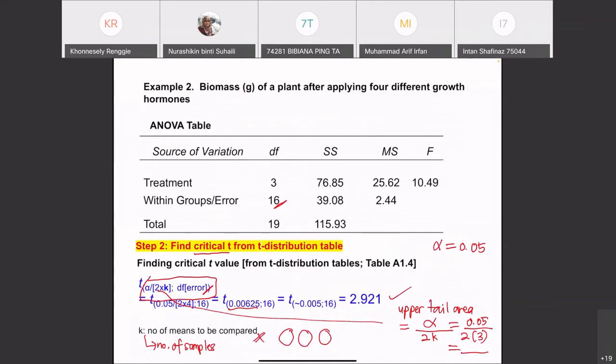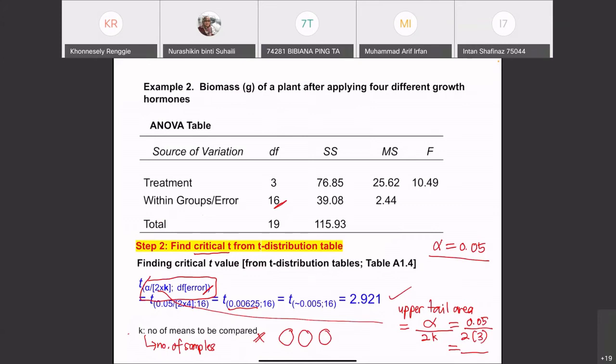And the next thing is to find the critical T from the T distribution table, because you need to compare this T with the T calculated later. So how to use this formula? Please take note, this is a very important thing. You're not going to use the alpha value directly, but you're going to use the upper tail area given by this formula, alpha divided by 2k. What is k?